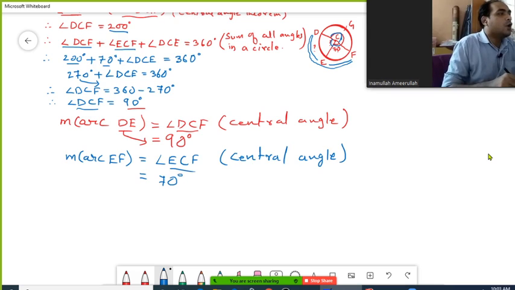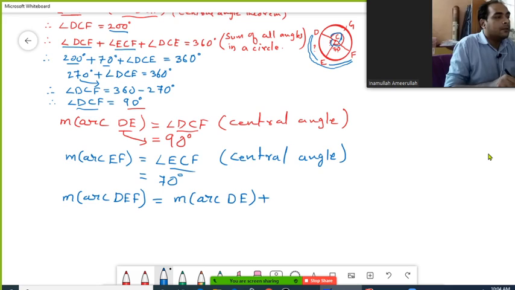Now we need to find out major arc DEF. So DEF is actually equal to major arc DE plus major arc EF. So this major arc DE we just calculated as 90 degree.